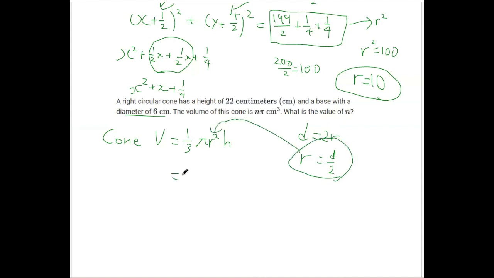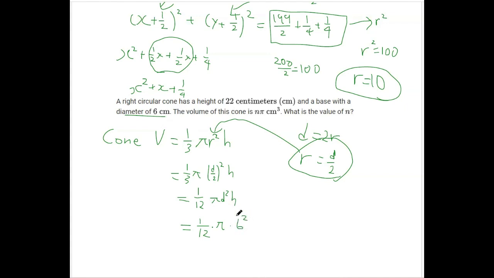So it becomes 1 over 3 pi times (d over 2) squared times h, which is equal to 1 over 12 pi. So it becomes 1 over 12 times pi times the diameter, 6, squared here.